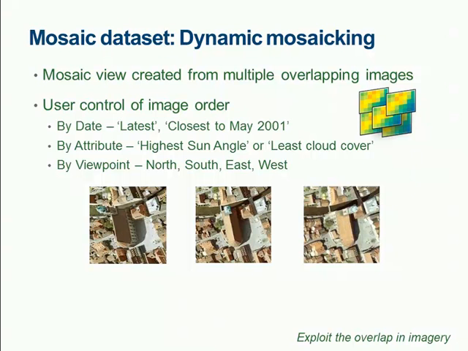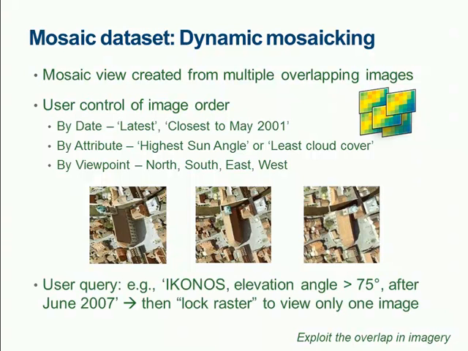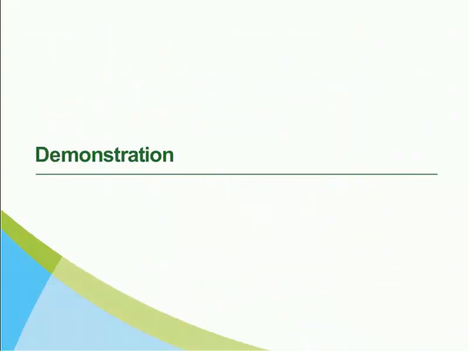Or in the image examples I've shown here, a view direction to take advantage of oblique views of the same location on the ground. At the bottom, I also refer to the ability to do a query using the Mosaic Dataset Catalog and select available images using multiple attributes, and then we can either look at individual images or build a mosaic view of those selected images.